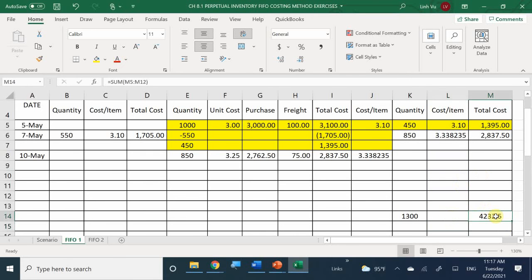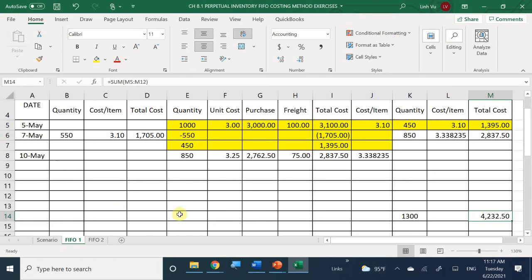That's my goods available. You can keep it like this. I don't choose to do it till towards the very end of my given accounting period. But just letting you know that you have a running balance that you can calculate, so you know how much goods you have available at all times.